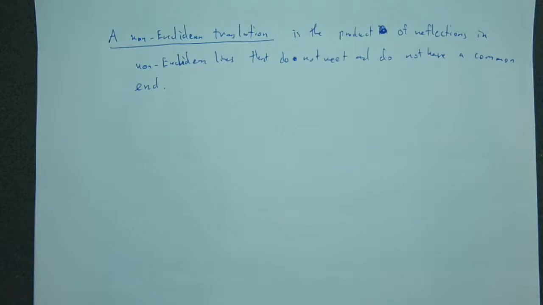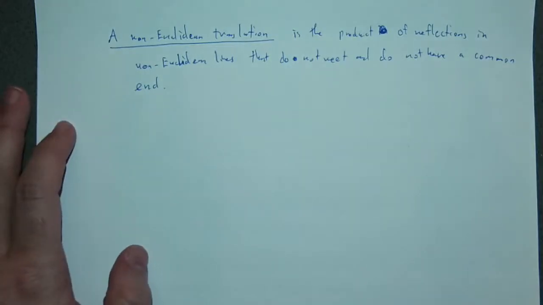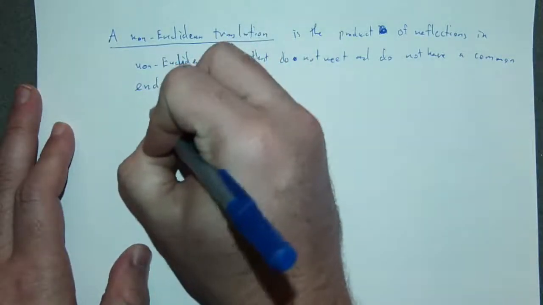Okay. Now, we have to include the do not have a common end condition because we don't want them meeting at infinity. So if you have a product of reflections in non-Euclidean lines that do not meet and do not have a common end, this is going to be the notion of a translation.